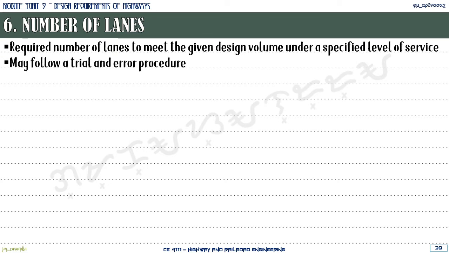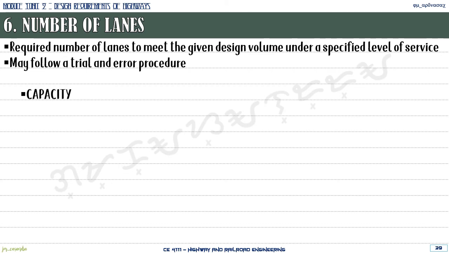So in considering the number of lanes, we can follow a trial and error procedure. But take note that the trial and error procedure should usually be done during the design period and not when your highway is already existing.